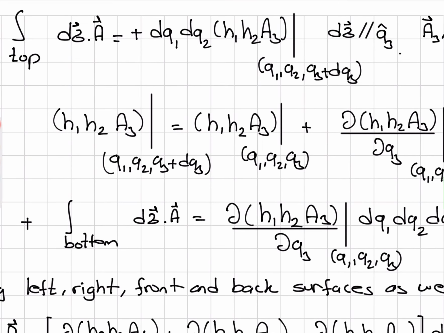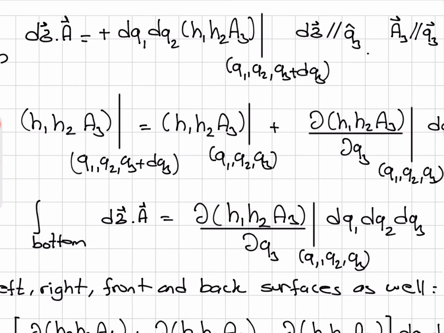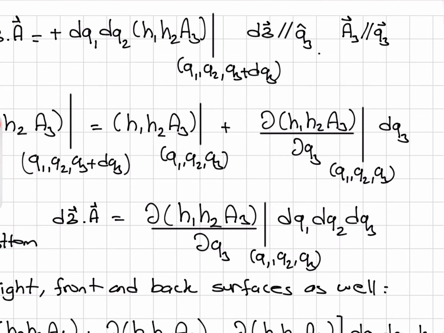For h1 h2 a3 evaluated at q1, q2, q3 plus dq3, I can do a Taylor series expansion. When dq3 is 0, the first term is h1 h2 a3 evaluated at q1, q2, q3. The next term is the partial derivative of this with respect to q3, evaluated at q1, q2, q3, multiplied by dq3.